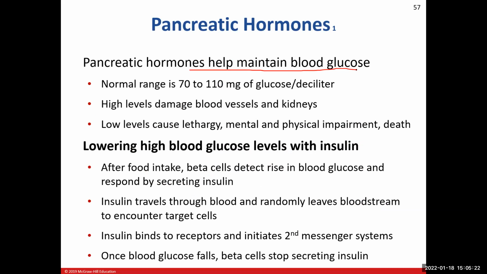It's kind of nice because this organ secretes two antagonistic hormones. One increases blood sugar levels, one decreases blood sugar levels. And we have to maintain healthy numbers when it comes to blood glucose levels.